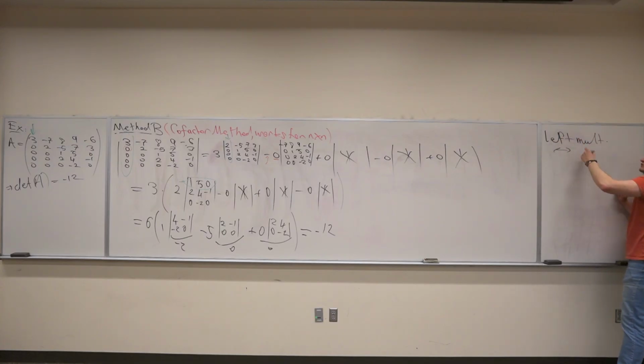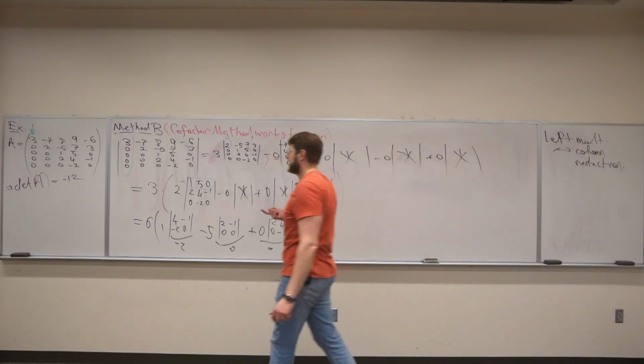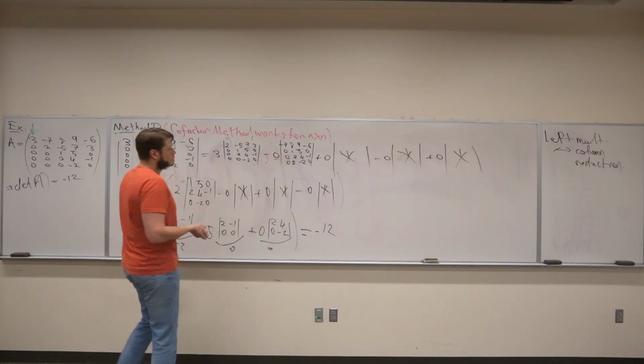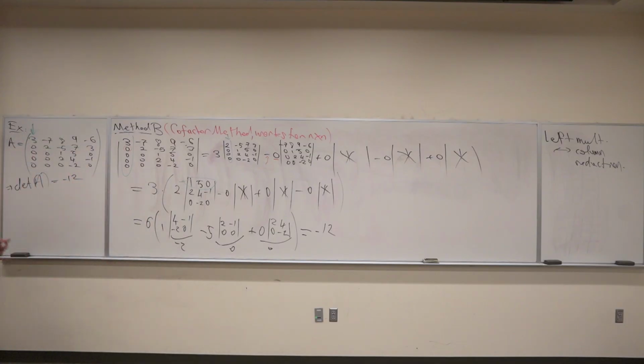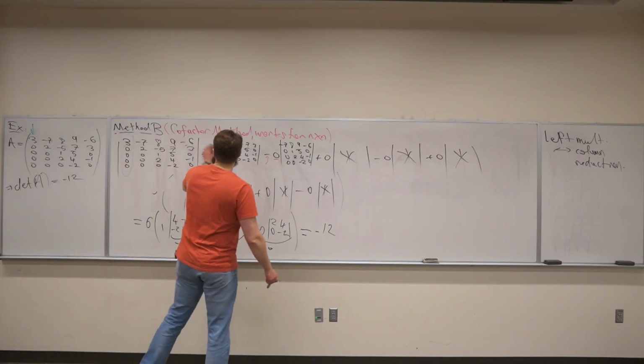Left multiplication corresponds to row reduction. So you can do both in tandem. I told you that the determinant of a matrix is the same as that of its transpose, so you get to do both row and column reduction simultaneously, or in an alternating fashion.